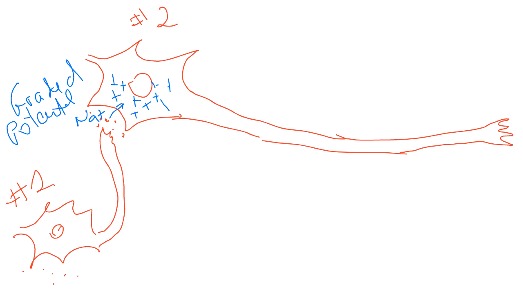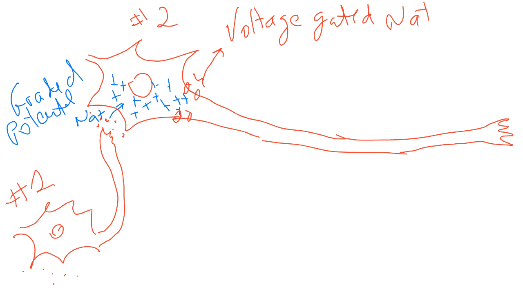which takes these positive charges to the axon hillock, where there are going to be voltage-gated channels. Specifically, initially sodium channels, which are going to open when the voltage of the area reaches a certain threshold value, which is about minus 55 millivolts.